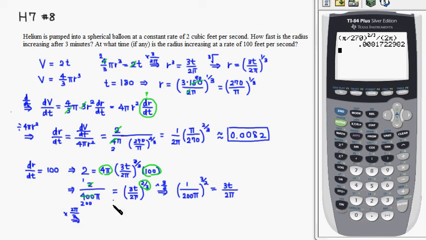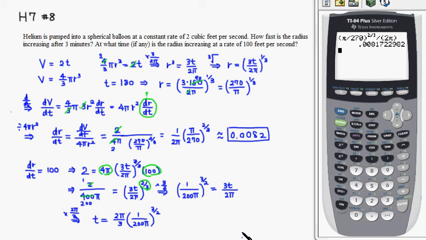That way t is isolated, and we have 2 pi over 3 times 1 over 200 pi raised to the 3/2 power.